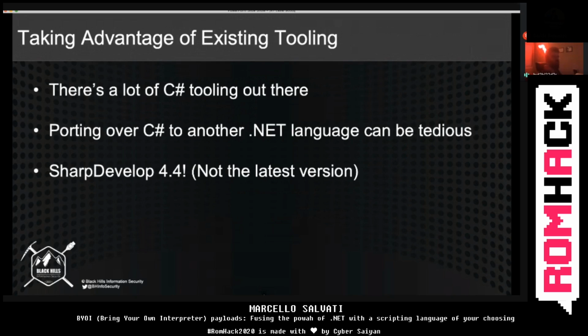You can totally just copy and paste C# code into SharpDevelop, and it'll spit out Boolang code. So you don't even have to worry about porting over tooling anymore. It's not 100% foolproof, you are going to have to fix some things up, but it's a hell of a time saver if you do go down this route.